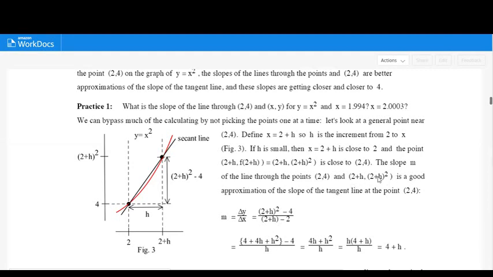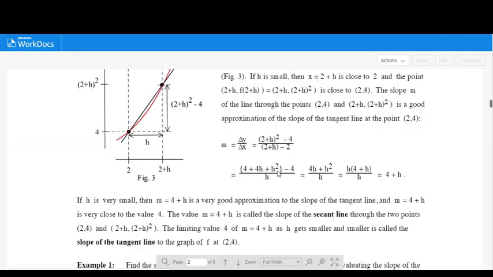So this is y sub 2, (2 plus h) squared, minus y sub 1, which is 4, all over x sub 2, 2 plus h, minus x sub 1, which is 2. Then square this binomial, you'll get 4 plus 4h plus h squared minus 4, all over h na lang natira dito, kasi nga 2 minus 2, that's 0. Dito naman, 4 minus 4, that's 0. So ang natira is 4h plus h squared all over h.